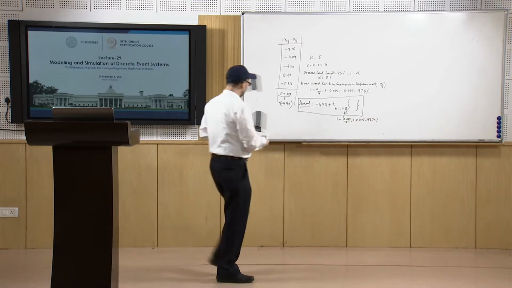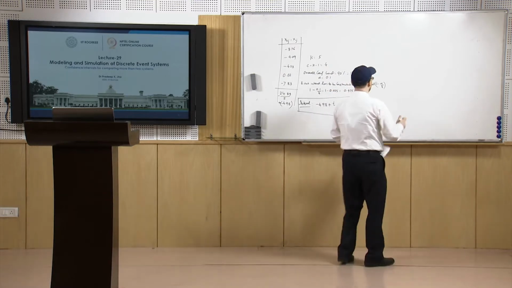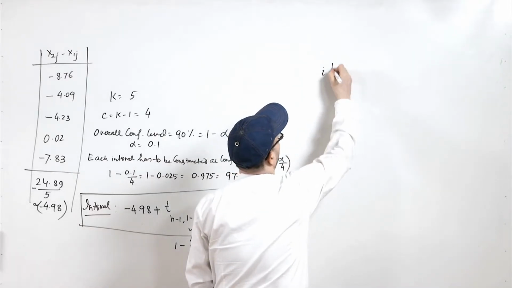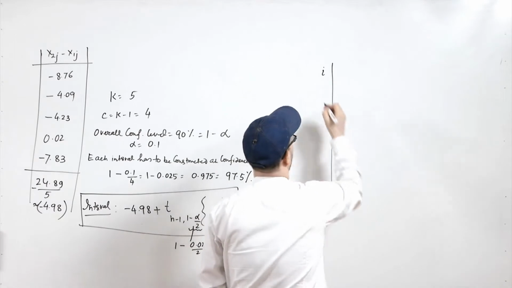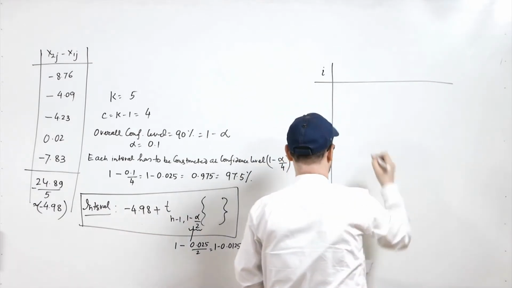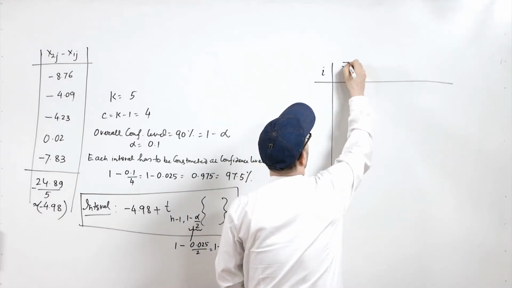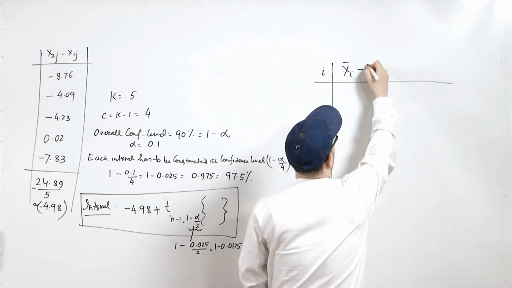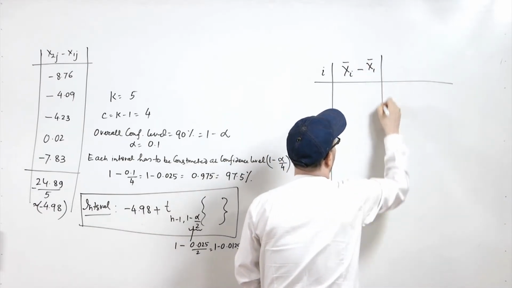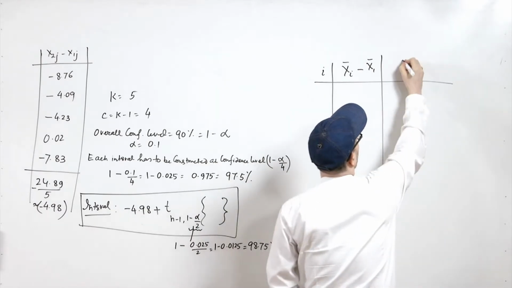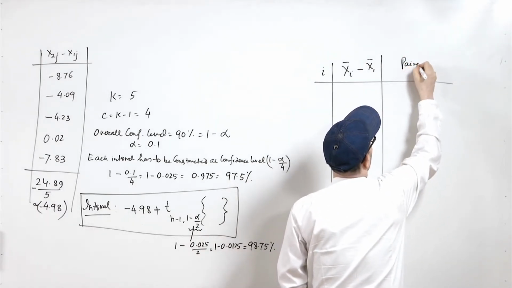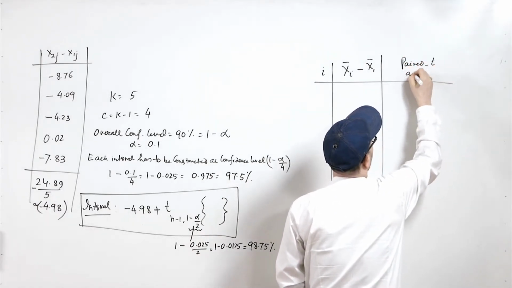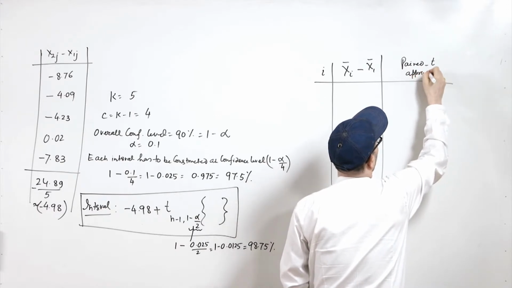like if you have i and then you have xi prime minus x1 prime, and once you do with the paired t approach, you can do with any approach like the Welch approach also.